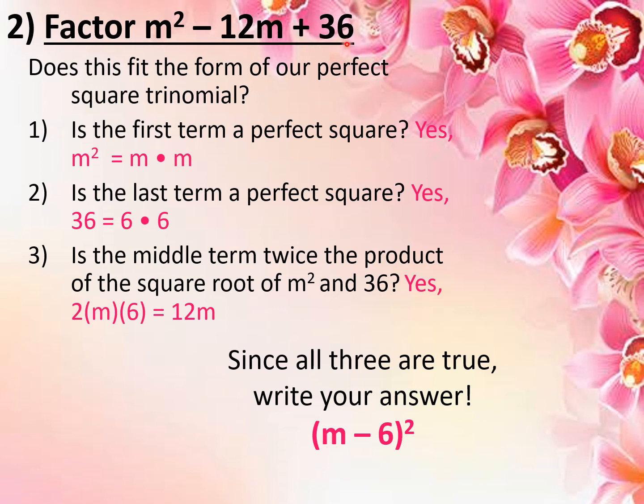Get the square root of the last term, 36. Ang square root niya is 6. Kopyaon ang sign ni middle term, which is negative. So we can have the answer as m minus 6 squared, or in expanded form, it will be m minus 6 times m minus 6.